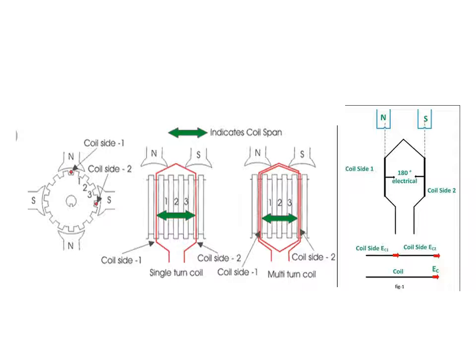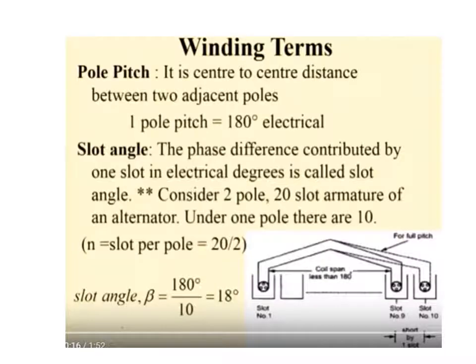That is called the pole pitch. So coil side 1 is connected to coil side 2 between the north and south poles, giving a 180-degree electrical angle between the EMFs.